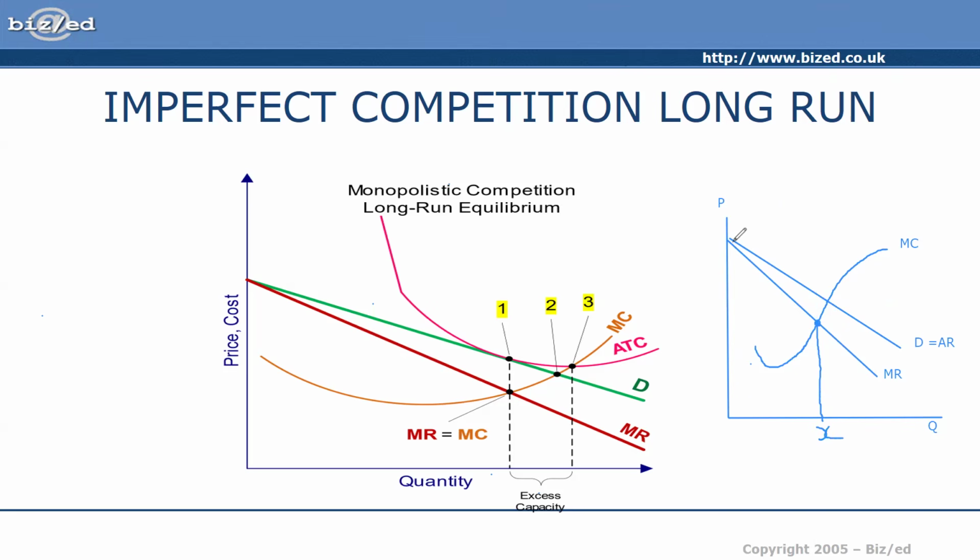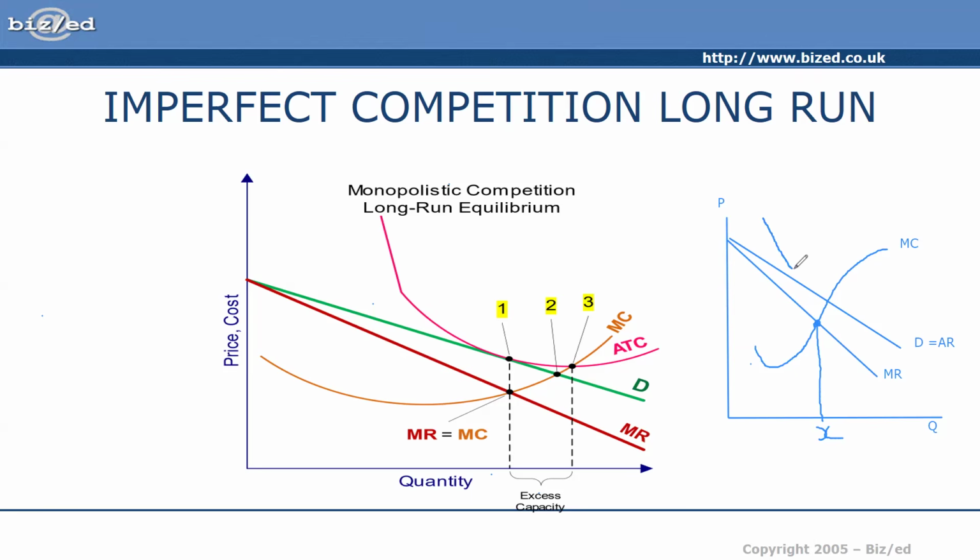The drawing is the same demand curve, which is equal to average revenue. The same marginal revenue curve and the same marginal cost curve. We are still operating where marginal cost is equal to marginal revenue at this point, so this is the amount of goods we're producing. For normal profits, the average cost is equal to the average revenue.